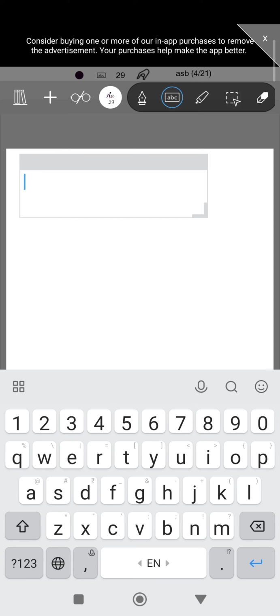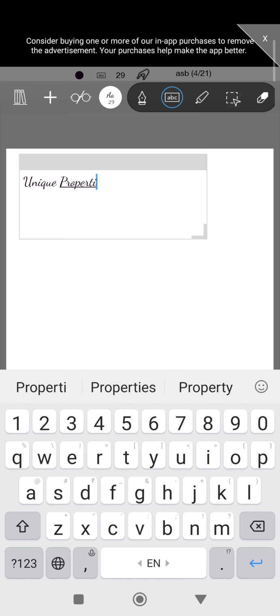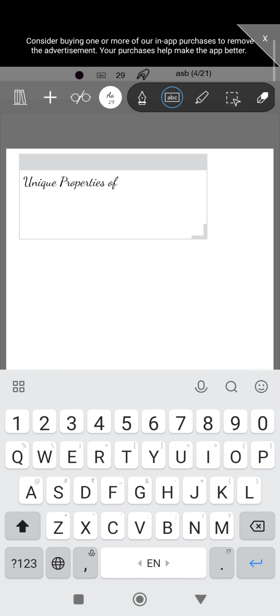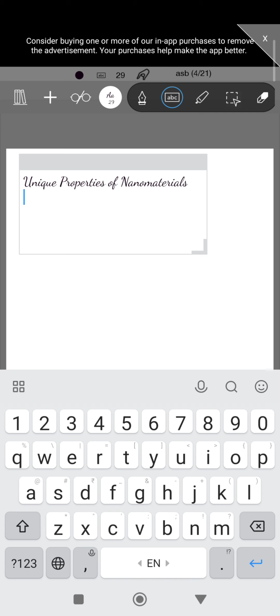The topic of this lecture is unique properties of nanomaterials. We will be learning about the defects that arise in nanomaterials, then the grain size, which I gave a little introduction to in our previous class.